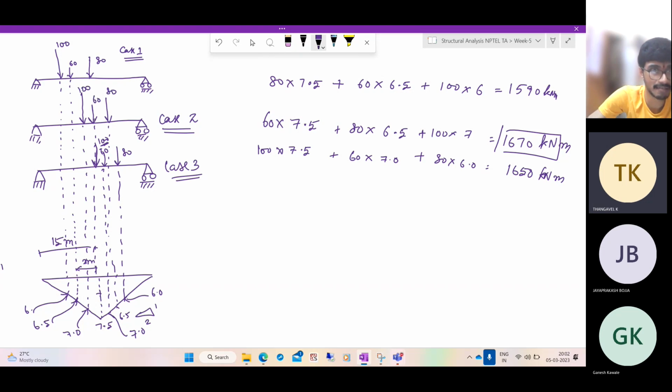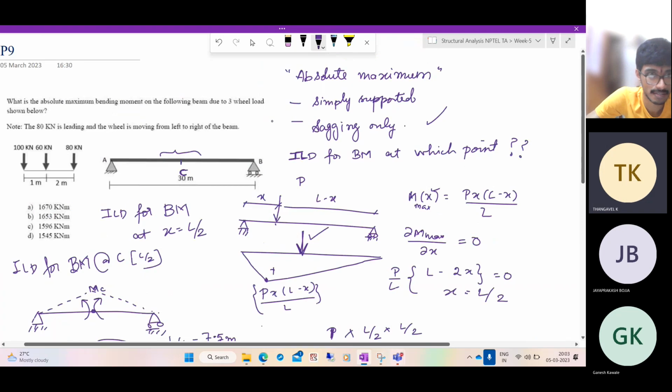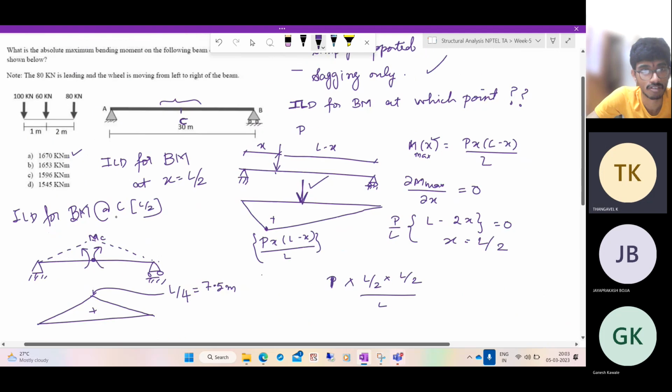This is the case where we have the minimum load at the center, but that is the case which generates the maximum bending moment out of these three. So the correct answer is 1670 kilonewton meters. This is option A.